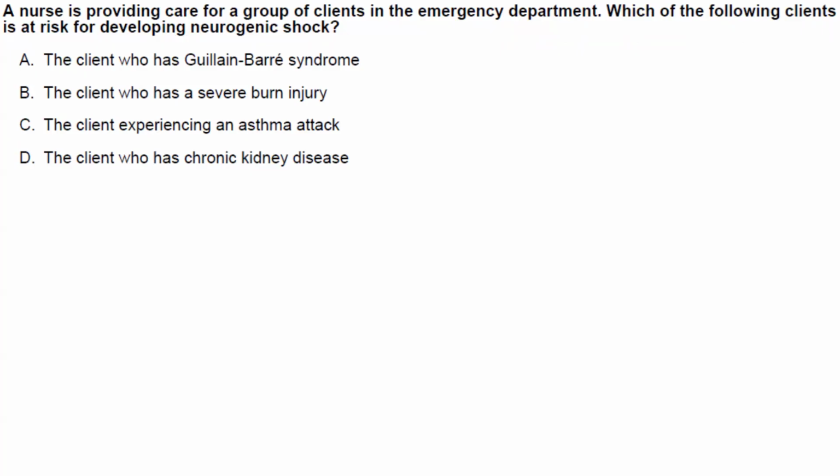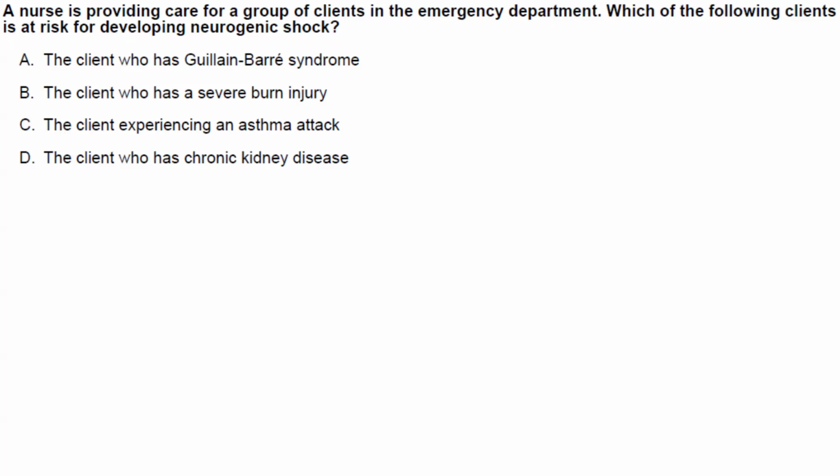Why is the patient with GBS at risk for neurogenic shock? We had the same question in class, right? Burn injury, they are at risk for what type of shock? They lose a significant amount of fluid.